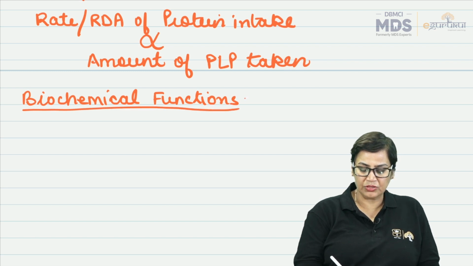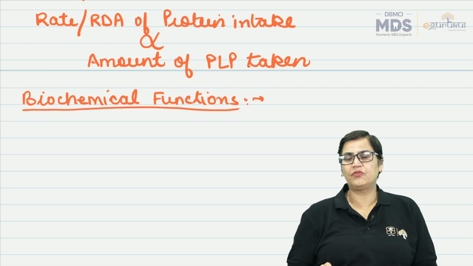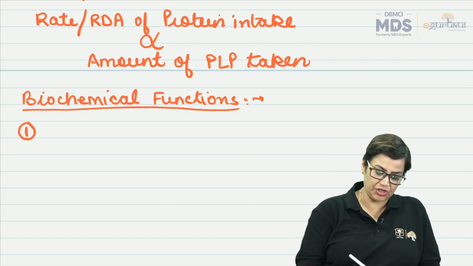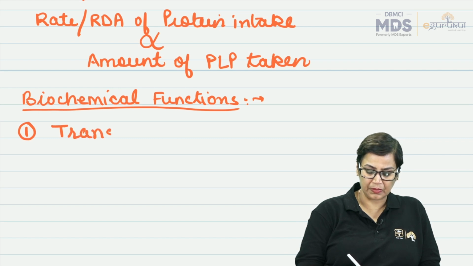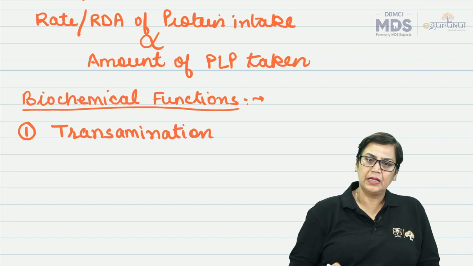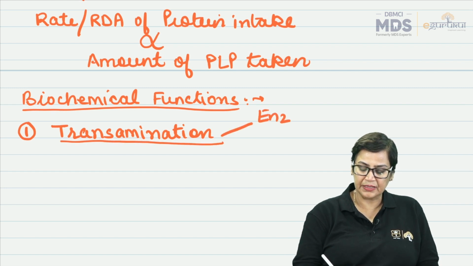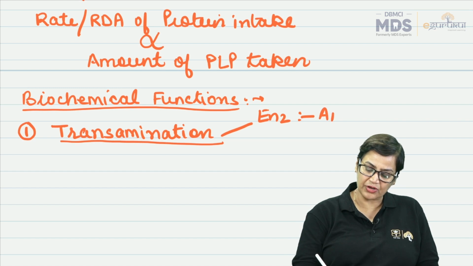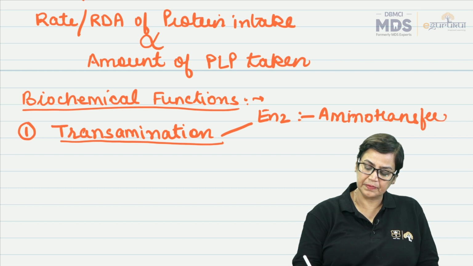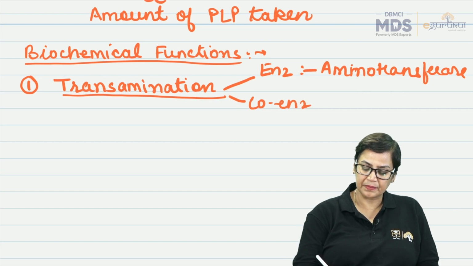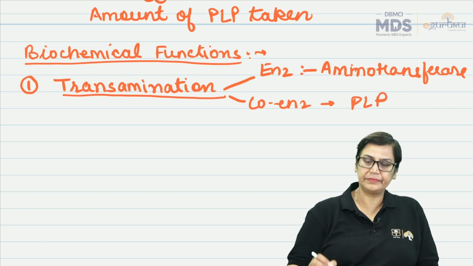Now see, the first and foremost function of PLP is transamination. The enzyme of transamination is transaminases or aminotransferase, but the coenzyme is PLP.